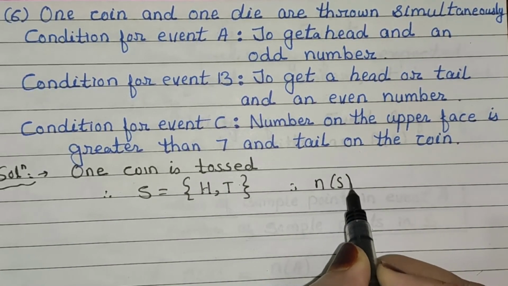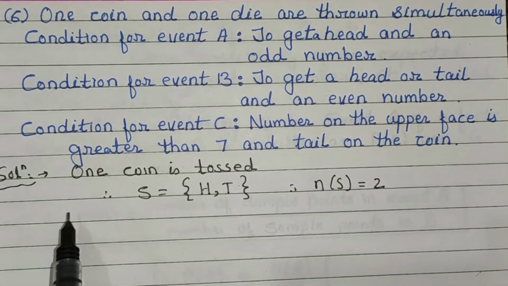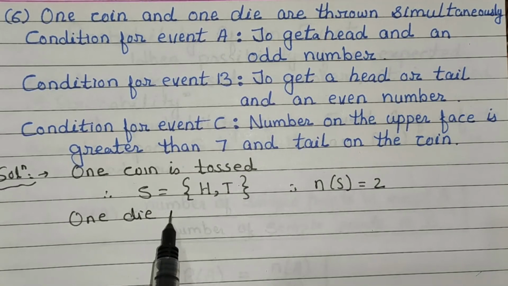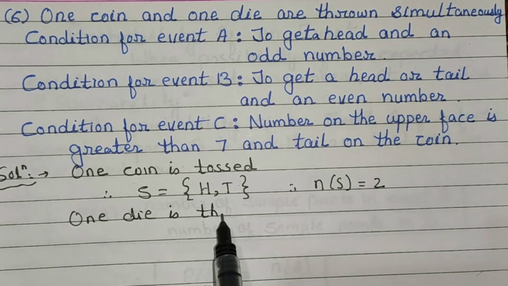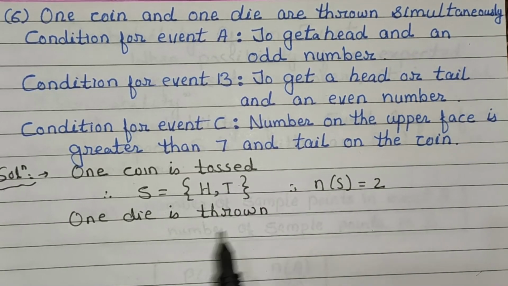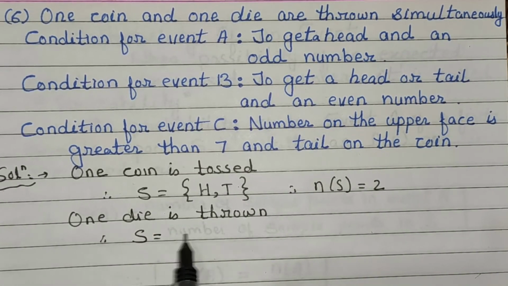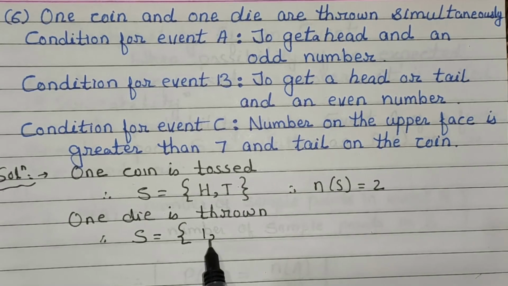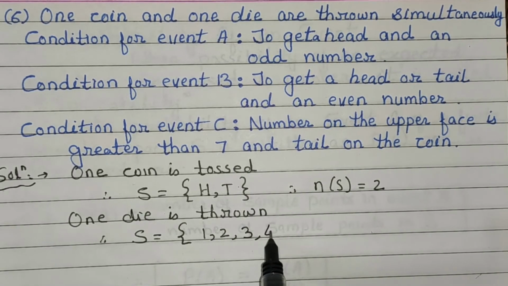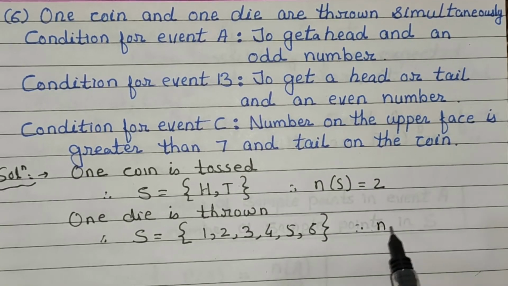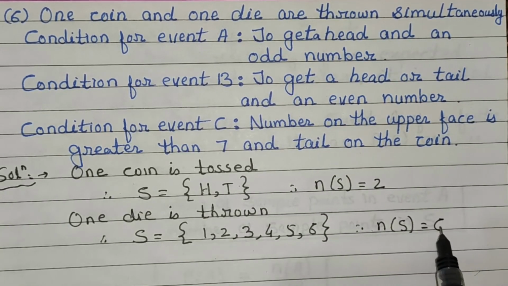N of S is equal to 2. And when one die is thrown, then the sample space S is equal to 1, 2, 3, 4, 5 and 6. Therefore, N of S is equal to 6.